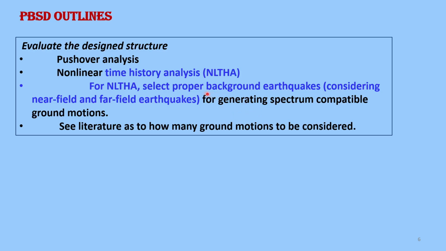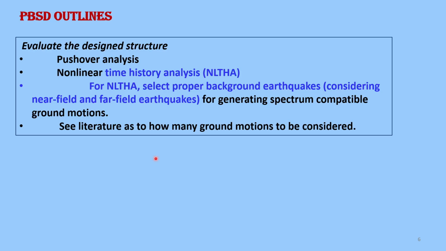You require some background earthquakes as prototype earthquakes for generating these spectrum compatible ground motions. So while selecting background earthquakes, you may check the near field conditions, far field conditions, earthquakes, and you can check the available documents like P695, which will tell you how many ground motions to be considered and which kind of ground motions to be considered for your structure. So this is the evaluation of the structure.